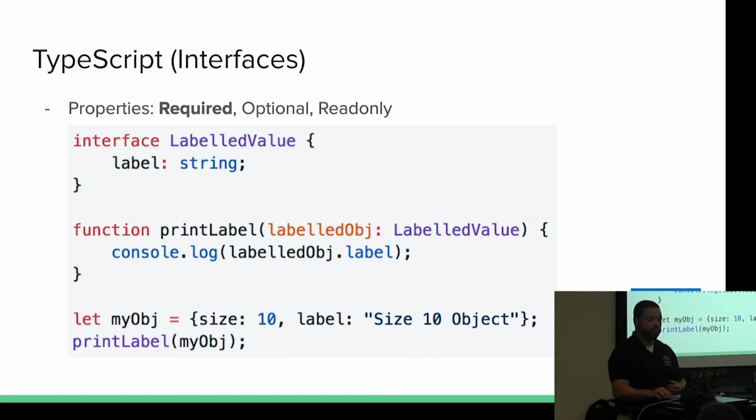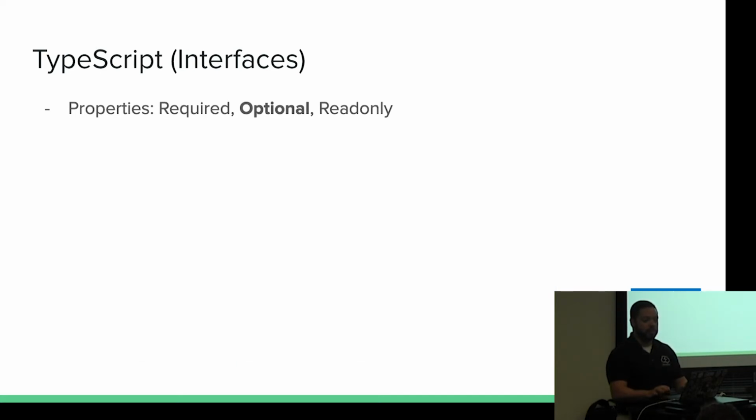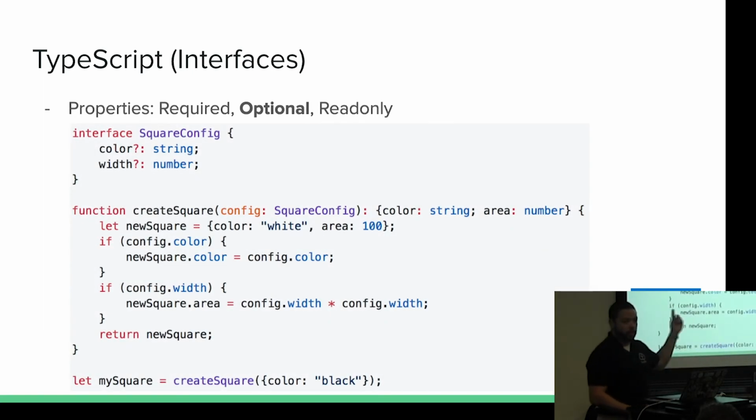So what if we want to define an interface where properties are optional instead of required? It's pretty simple, fortunately. The question mark. The question mark here on the interface SquareConfig is saying, well, I have a property color that is a string and a property width that is a number, and the question mark means, but it doesn't have to have it.